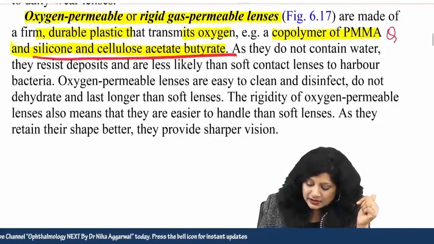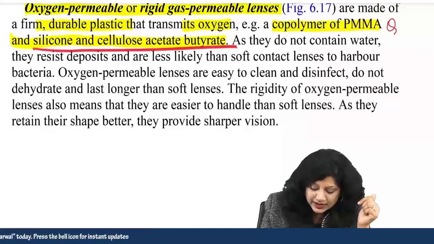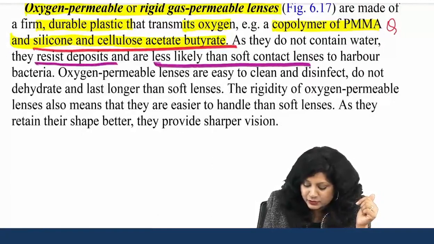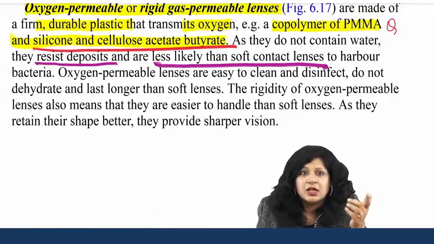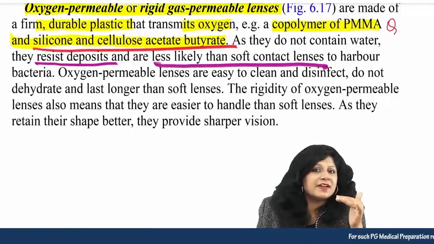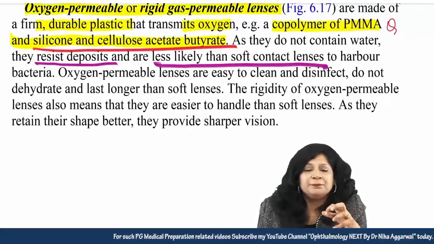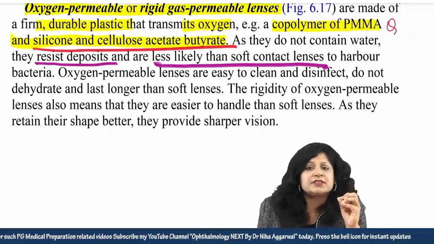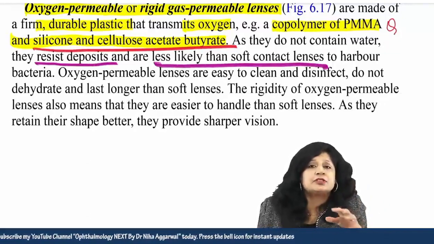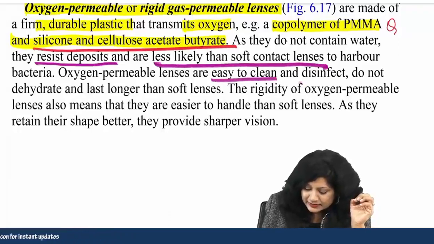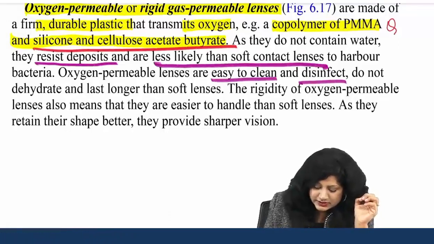As they do not contain water, they are actually resisting the deposits. They are less likely than the soft contact lenses to harbor bacteria. So they are not having those disadvantages of the soft contact lenses because we have given it as a copolymer. It has less water content, less likely to get deposits, less likely to get infection, and they are easy to clean and disinfect, do not dehydrate, and are lasting longer.